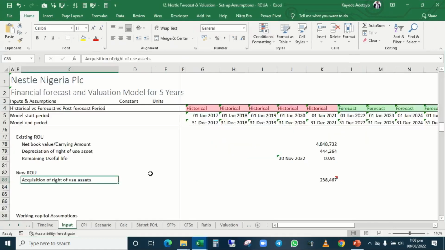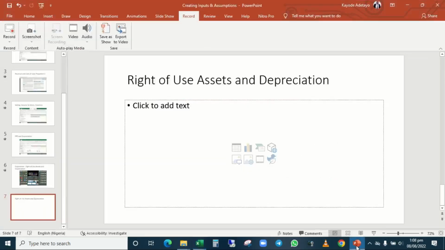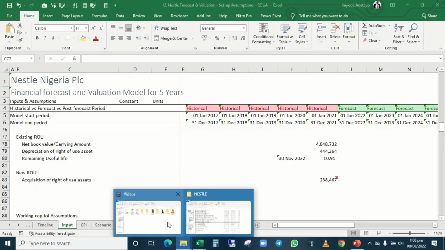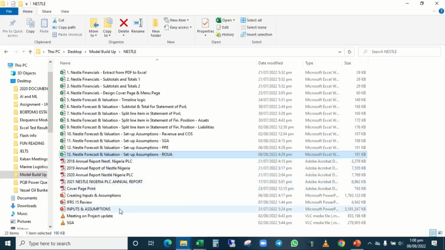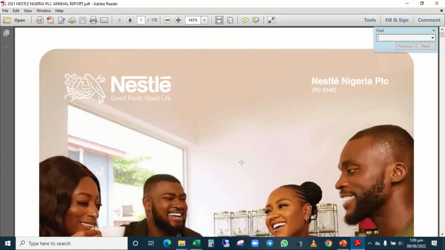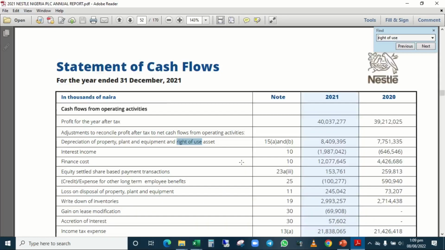Okay, so here we have come back to right of use asset, as in the case of Nestle. So let me bring up the 2021 financials for Nestle, which is the latest financials, and I do a search on right of use.